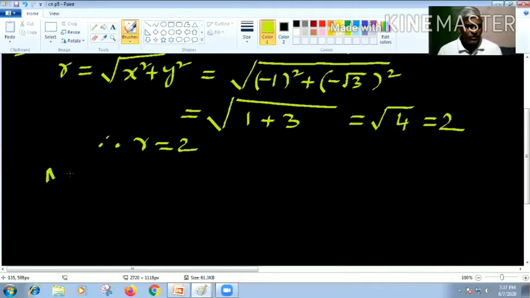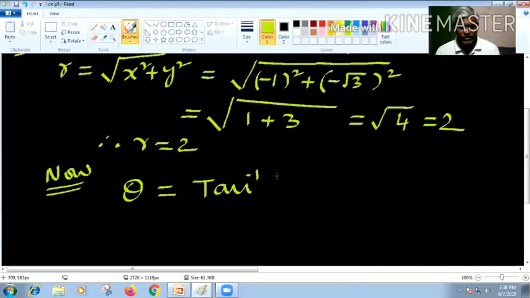So now let us calculate the amplitude. Amplitude is nothing but theta. So r is the modulus of the given complex number. Now amplitude theta is equal to tan inverse y by x.